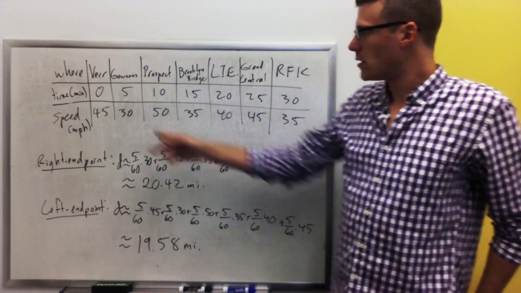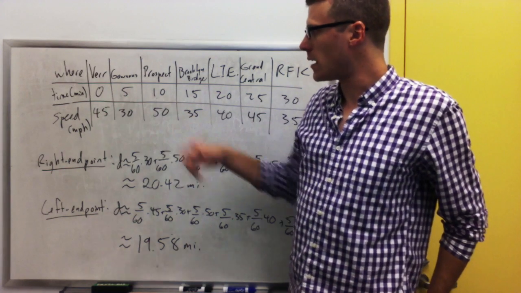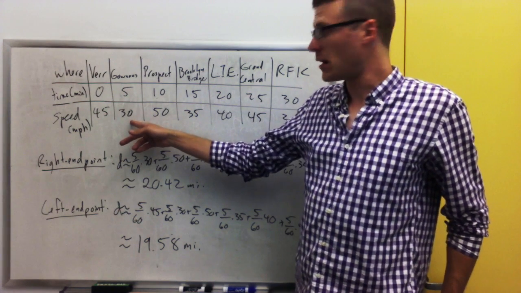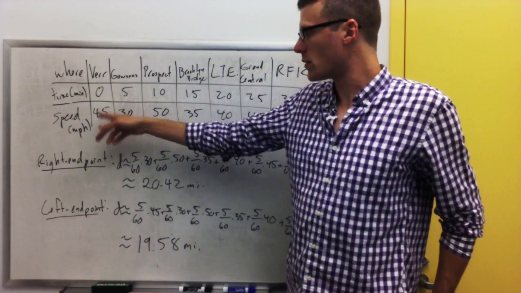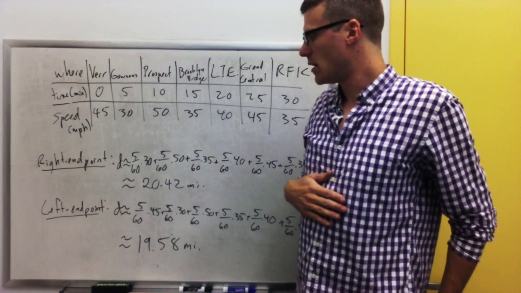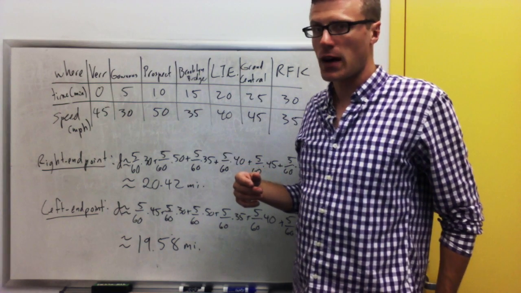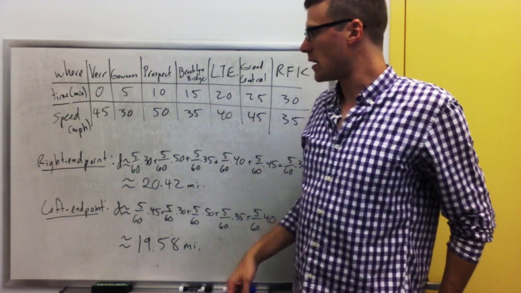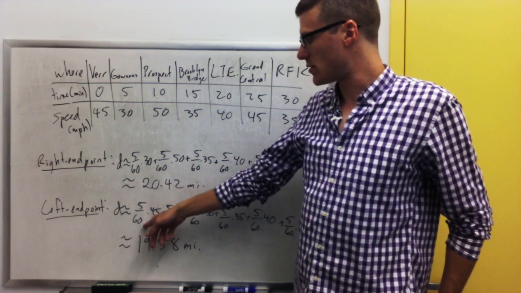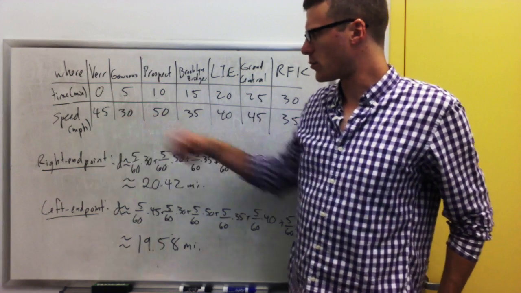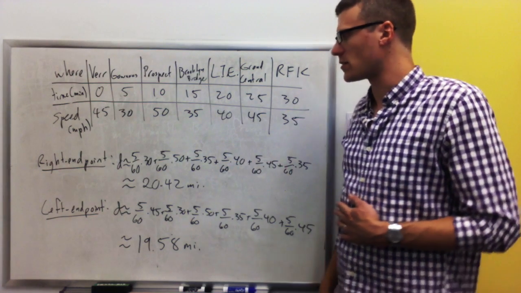So for example, for the time interval between 0 and 5, I can assume I was going 30 miles an hour for 5 minutes. Or I can assume I was going 45 miles an hour for 5 minutes. So since 5 minutes is 5/60ths of an hour, I either traveled 5/60ths times 30 or 5/60ths times 45. That's my approximation at least.